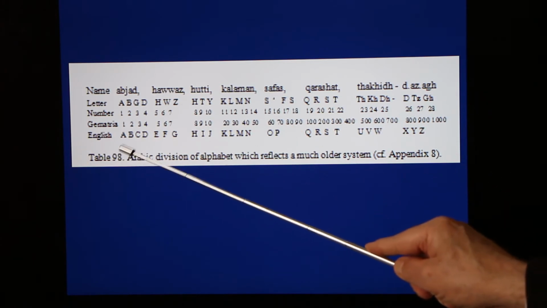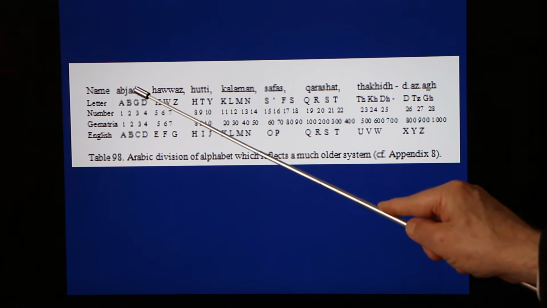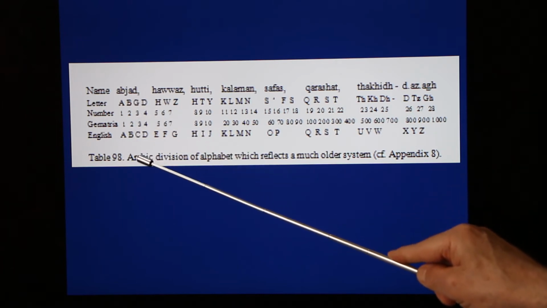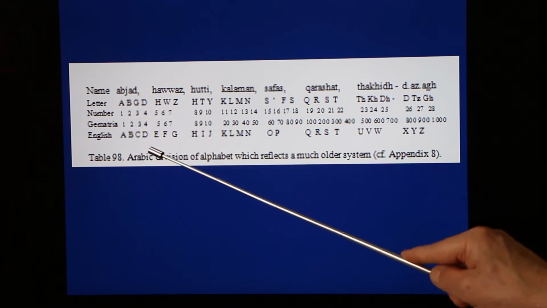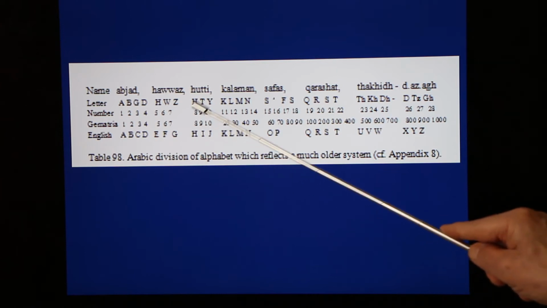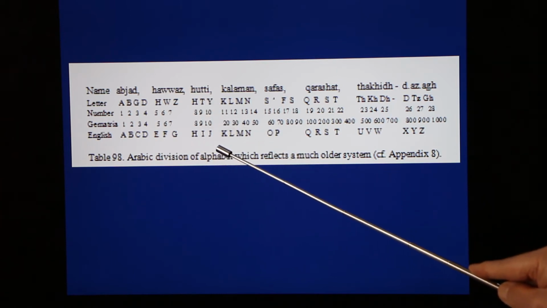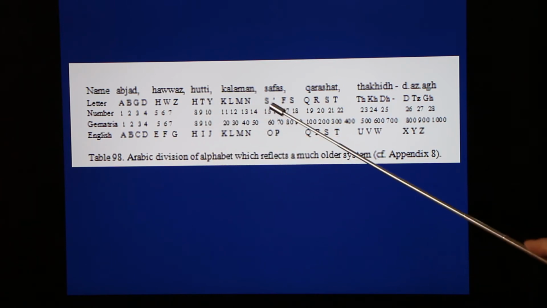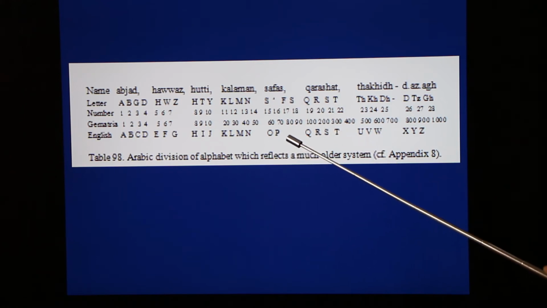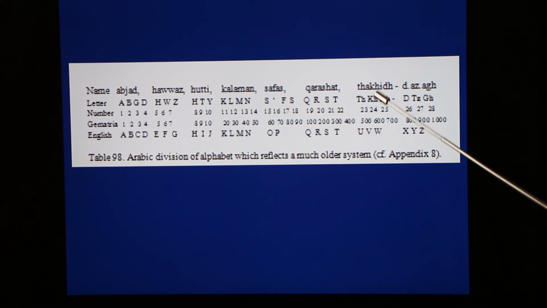And these are the English equivalents. So ABGD becomes ABCD, HWZ becomes EFG, HTY becomes HIJ, KLM is the same, this becomes OP, this becomes the same, this is different, and that is different. So the Arabic ordering is somehow connected with a much older system.